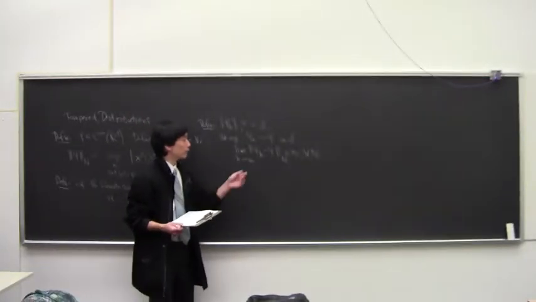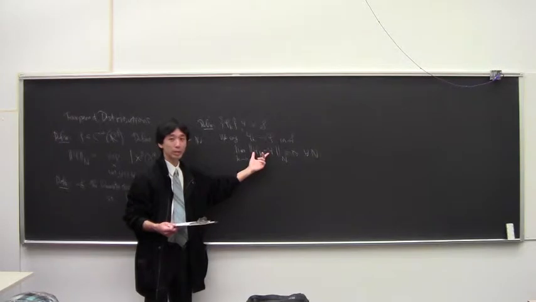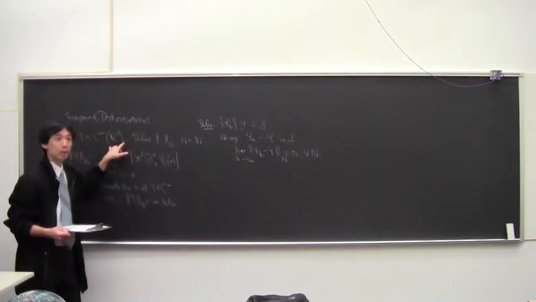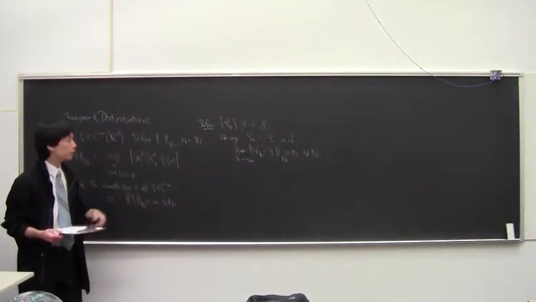So convergence in the Schwartz class means that you have convergence with respect to every one of these norms. But there's no uniformity required.